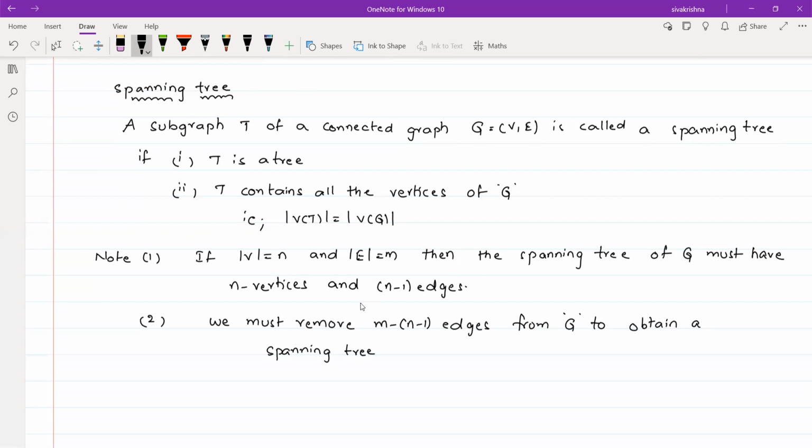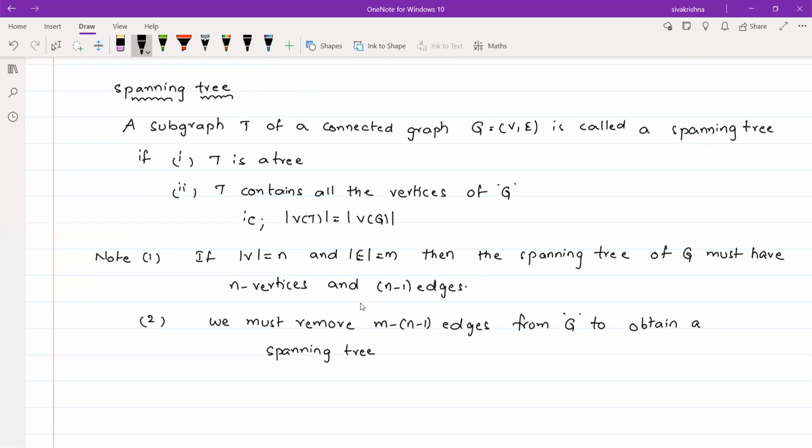In those problems there will be a connected graph, and from that connected graph we have to find the spanning tree. So we must remove m minus (n minus 1) edges from that connected graph to obtain a spanning tree. Here m is the number of edges in that connected graph, and n is the number of vertices in that connected graph. By using this formula, we can obtain a spanning tree from the given connected graph.